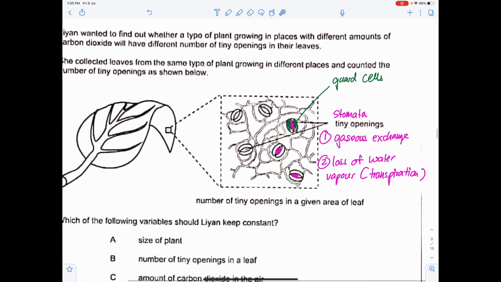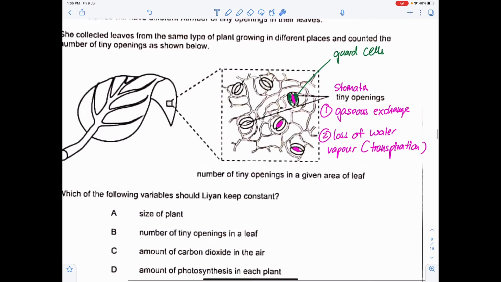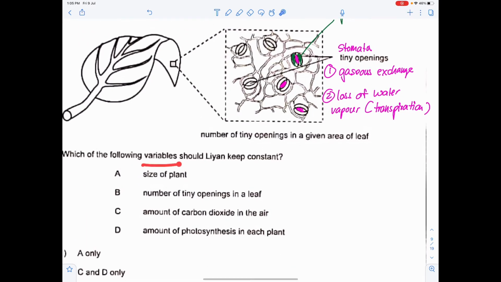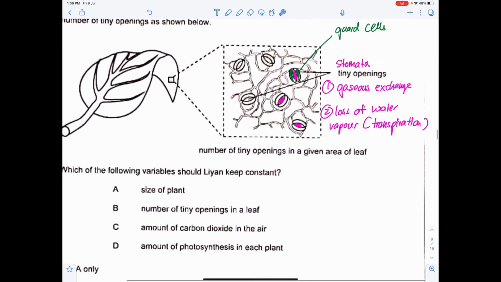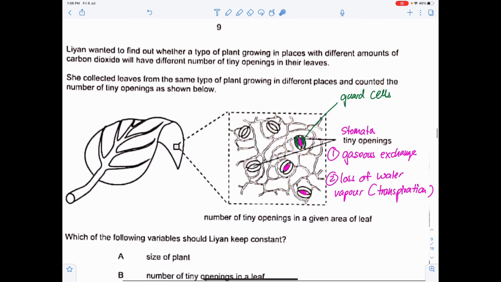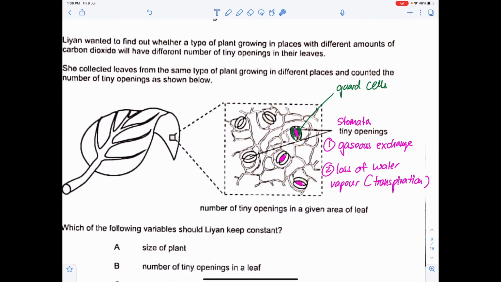Now, the question goes, she collected leaves from the same type of plant growing in different places and counted the tiny openings as shown. Which of the following variables should Lilian keep constant? When you encounter this kind of experiment question, the first thing is always to ask yourself, what is the aim of the experiment?